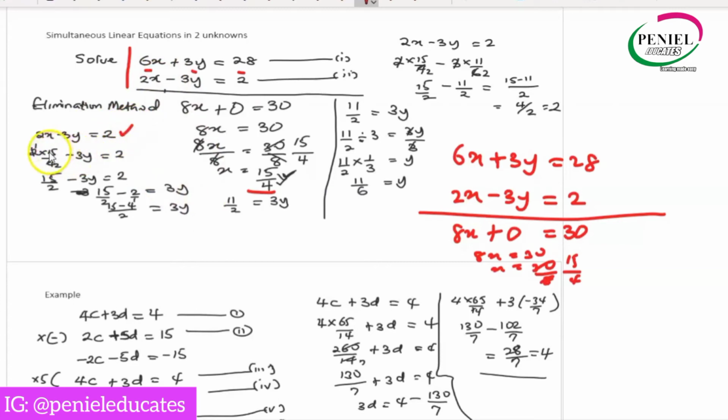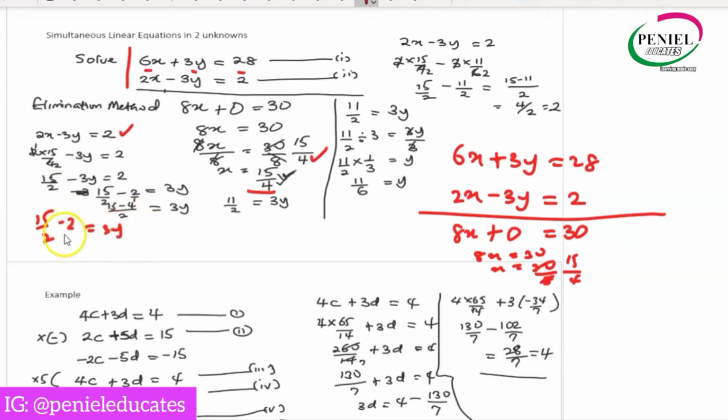Then 2 into 15 over 4, which is the x that we've gotten here, minus 3y is equal to 2. So 2 divided by 4, that will be 15 over 2 minus 3y is equal to 2. Then if minus 3y goes here, 2 can come here. So I have 15 over 2 minus 2 is equal to 3y.